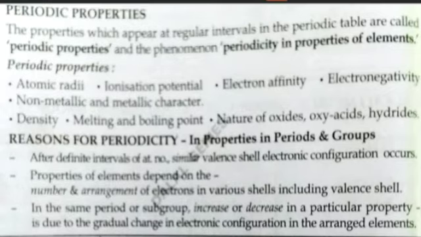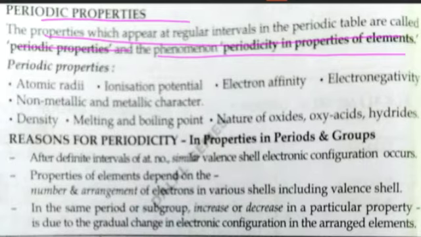Now, periodic properties. The properties which appear at regular intervals in the periodic table are called periodic properties, and the phenomenon is periodicity in properties of elements. This definition is very, very important. It can be asked, what do you mean by periodic properties? Or what do you mean by periodicity in properties of elements?